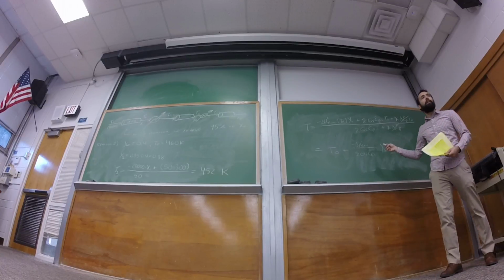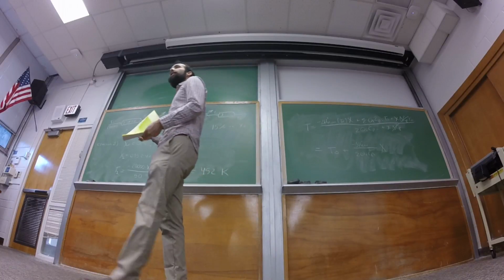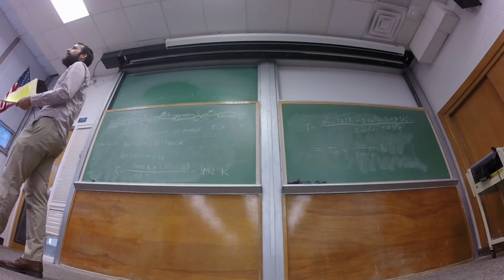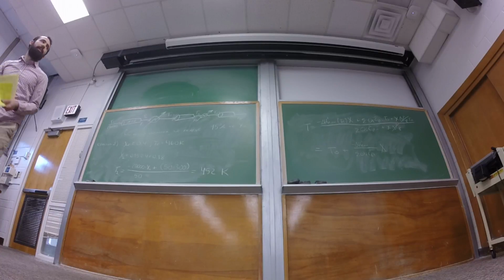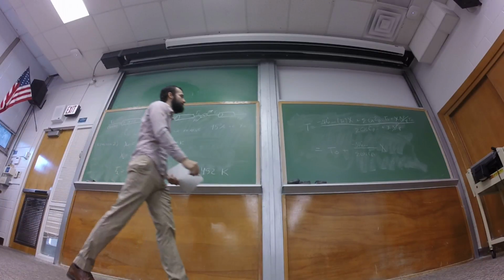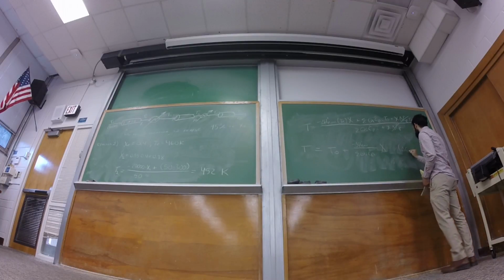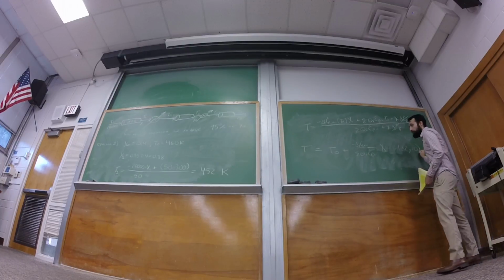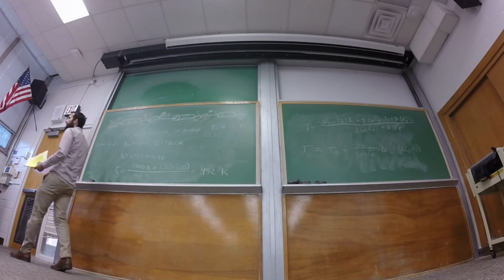So that's a form that you're going to use enough that it's worth having in your notes. Just make sure next to it that you make it clear that that's only valid when delta CP is equal to 0. Right. Okay, anyways, 452 Kelvin.